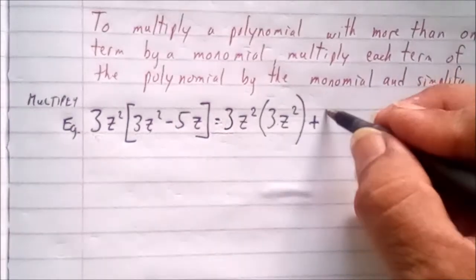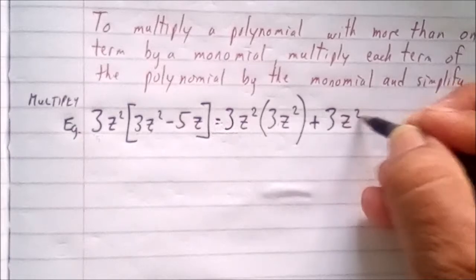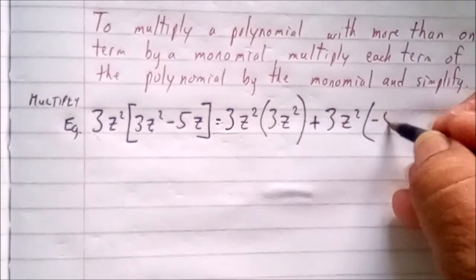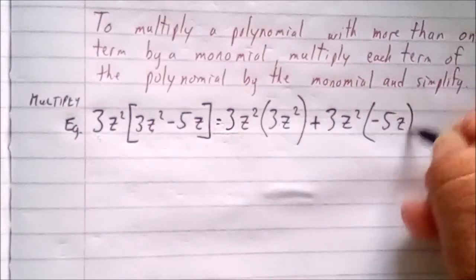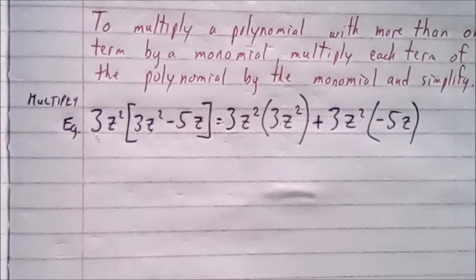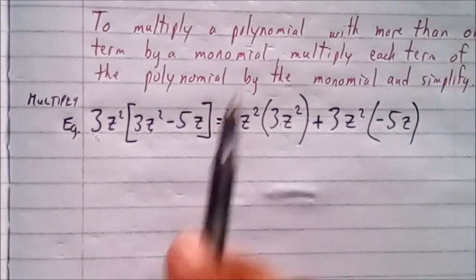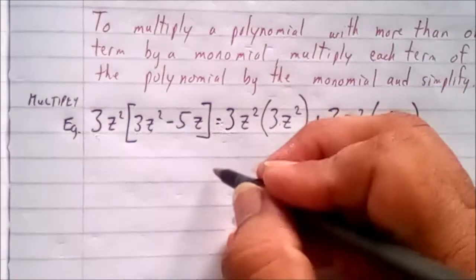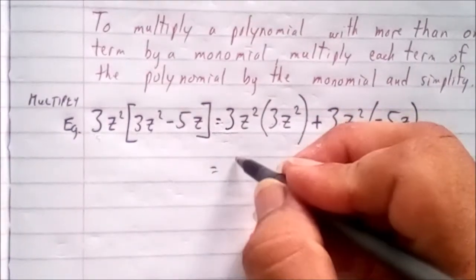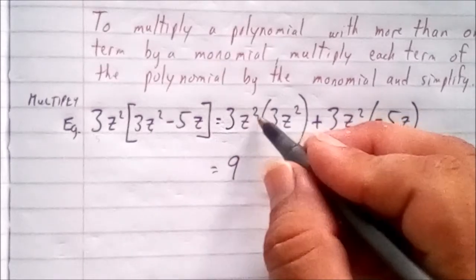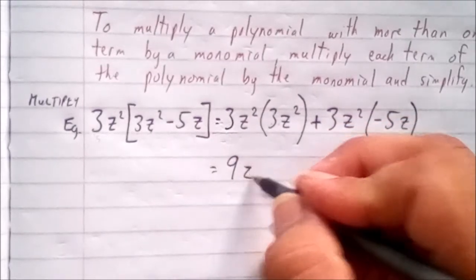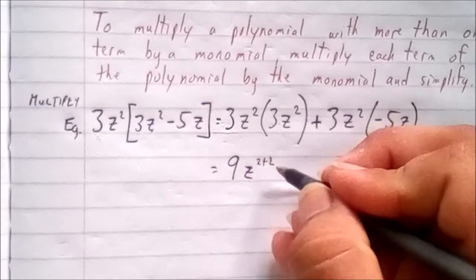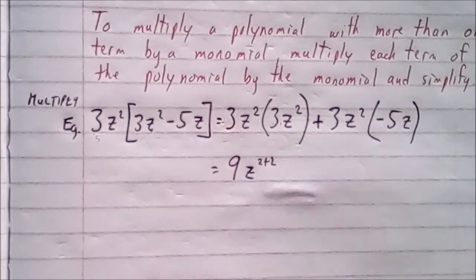So you put plus 3z squared times negative 5z. Notice how it got distributed. Now, as the rule says, multiply each term. So we are going to multiply them now. So we end up now, 3 times 3 will give us 9. z squared times z squared will give us z to the 2 plus 2. I'm going to show you that also so that you can see that we're not skipping steps, just in case for the ones who did not understand.